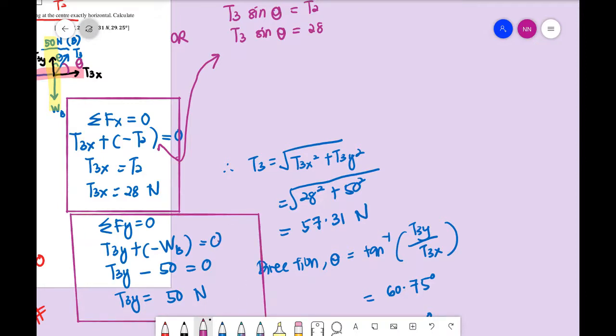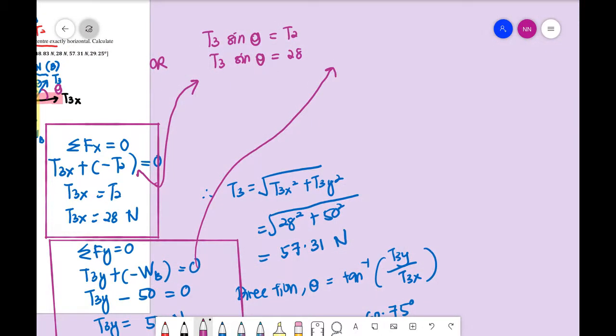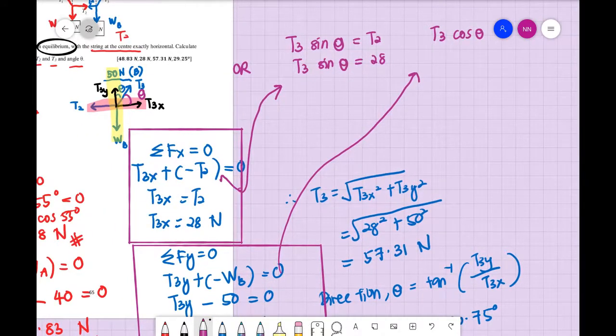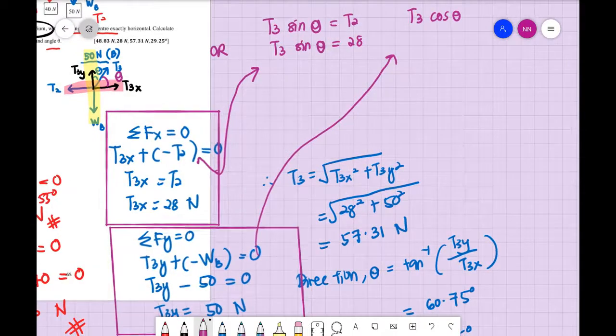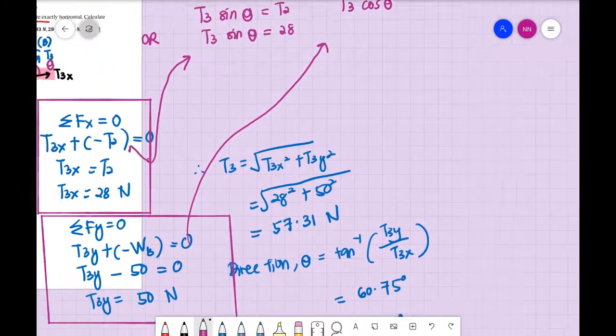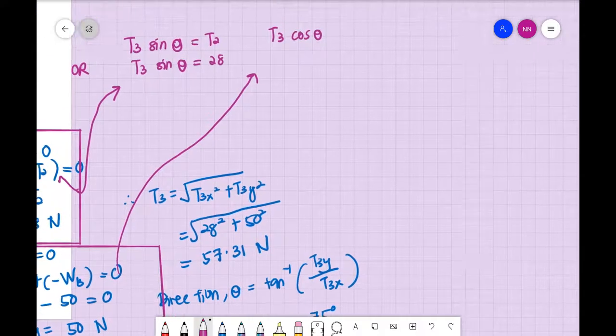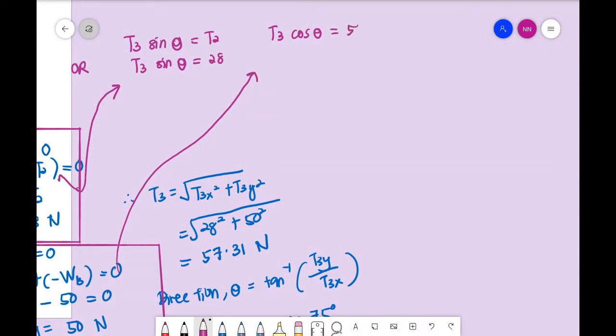And then for this area, you also can solve like this. T3Y is T3 cos theta. Theta is unknown. Theta here is the theta marked in the question, which is T3 with the vertical. T3 cos theta equals to 50 Newton, because weight B is 50 Newton.